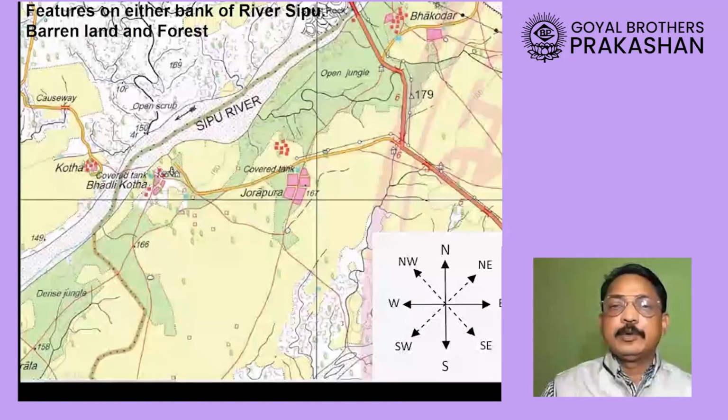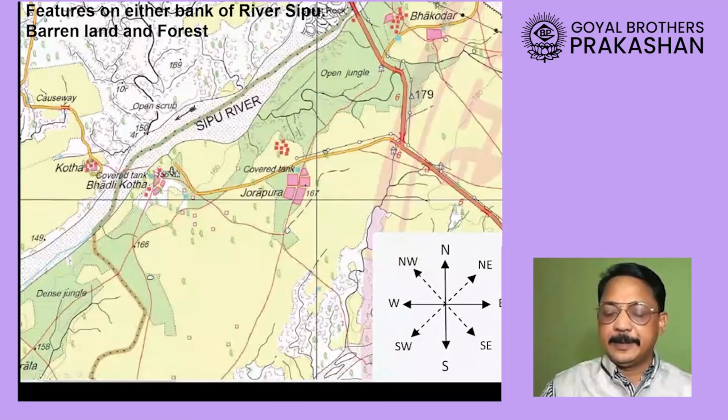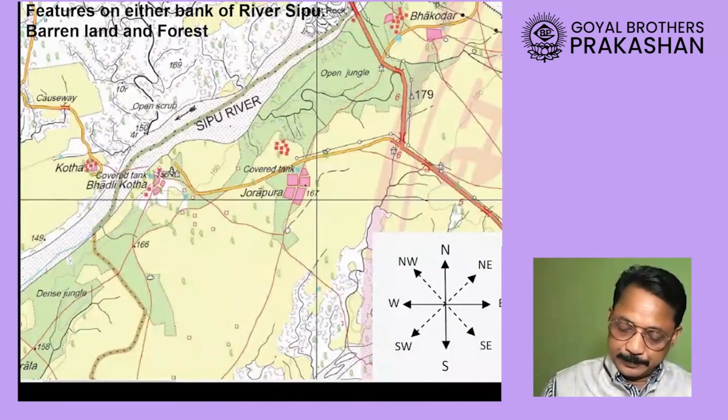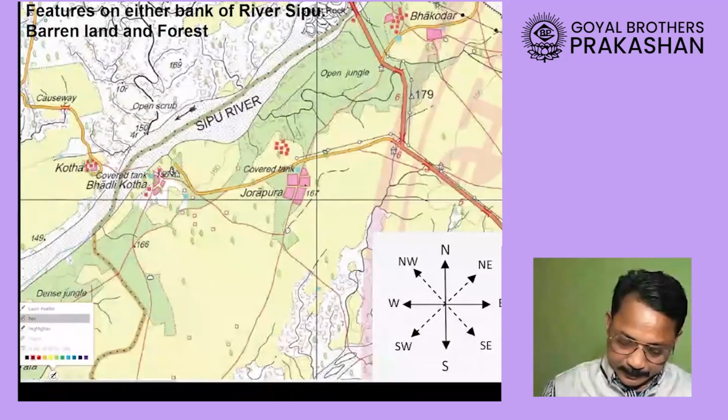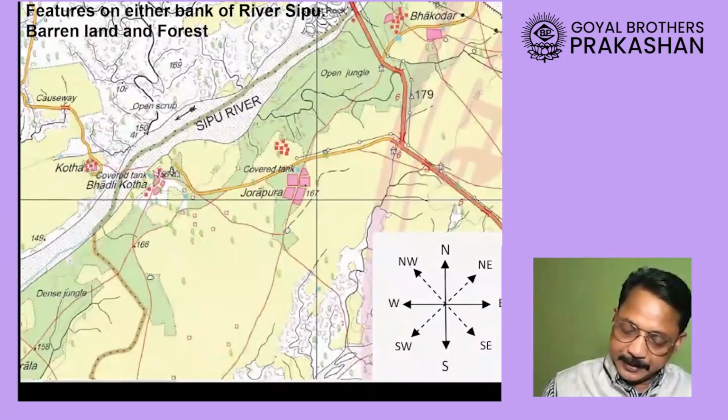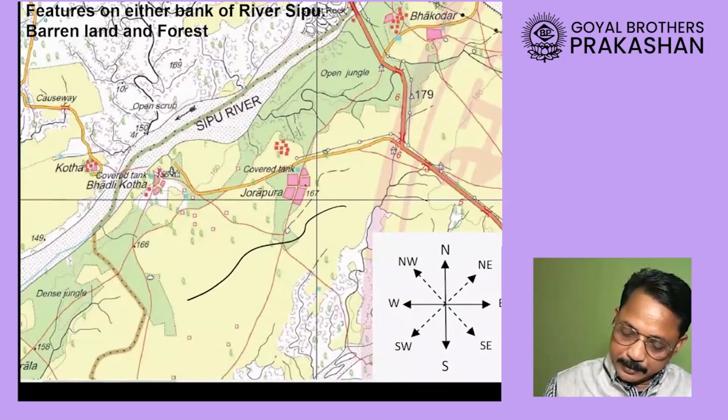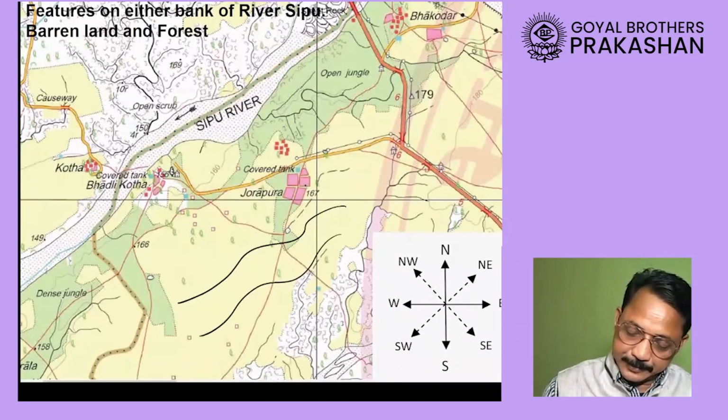Okay, now the next feature. In a topography map, dear students, please remember the rivers are shown with a black color line if the river is dry, as you see here. They have drawn a black line like this here and here. Inside that you find black color dots.